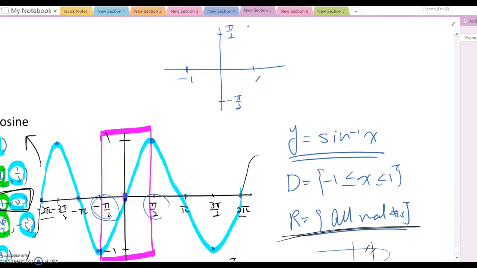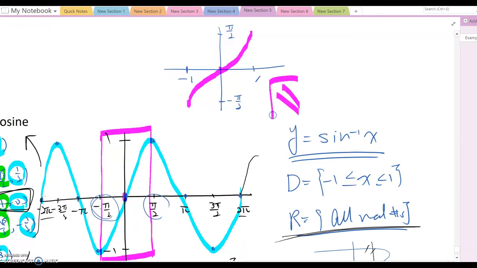So whenever we do an inverse function, we can use the original sine x graph and find the values. So when x was negative pi over 2, it was negative 1, so it corresponds right here, and then pi over 2 and 1, and then 0 and 0. So I can conjecture the graph looks like this. Okay, so that is the sine inverse x graph.